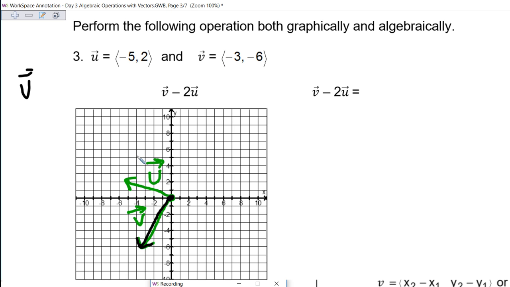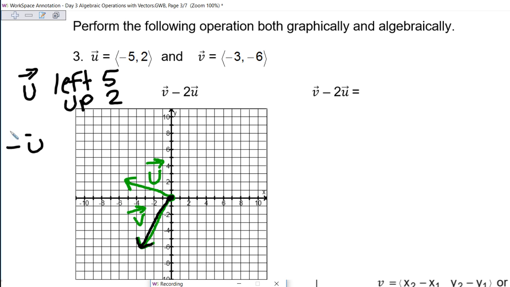So for vector u, we already took care of vector v, we go left 5, up 2. So if I have negative vector u, I change the direction.